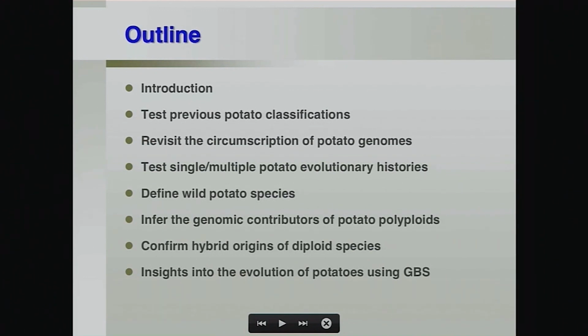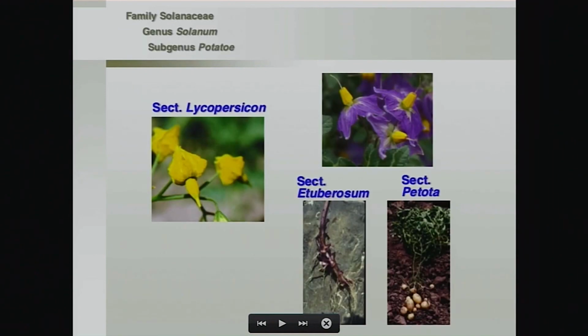Also, we will test if potato has a single or multiple evolutionary histories. We will see also how COS markers or GBS can help us to define wild potato species, and to infer also genomic contributions of the potato polyploids and hybrid origins of diploid species.